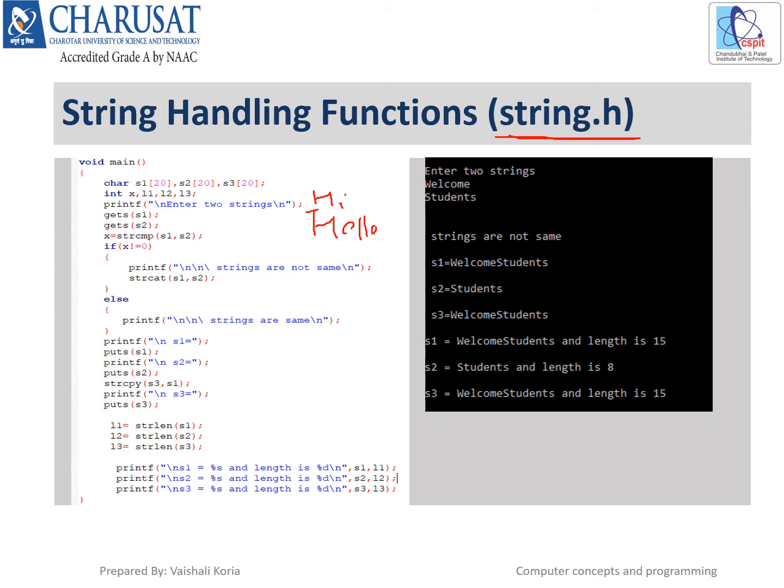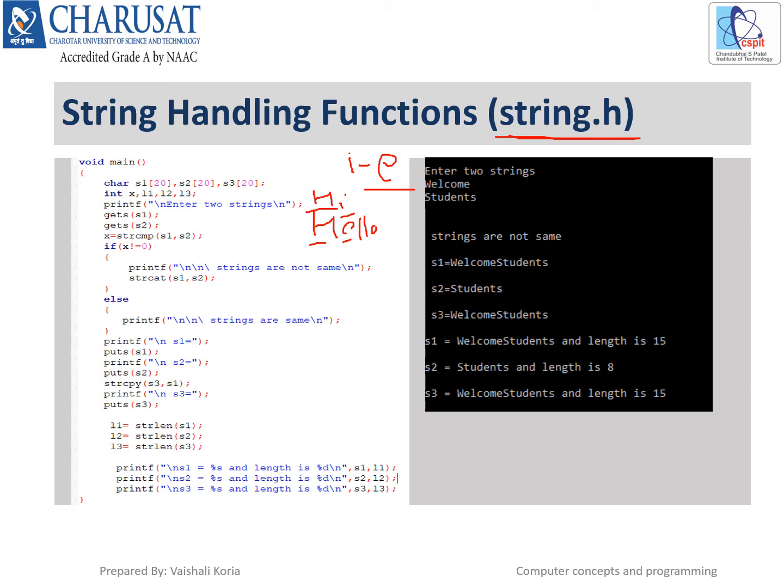So the first character is same, but the second character is not same, right? So in this case, when the two strings are not same, it will return the difference of the ASCII value of the first non-matching character. That means it will return i minus e.